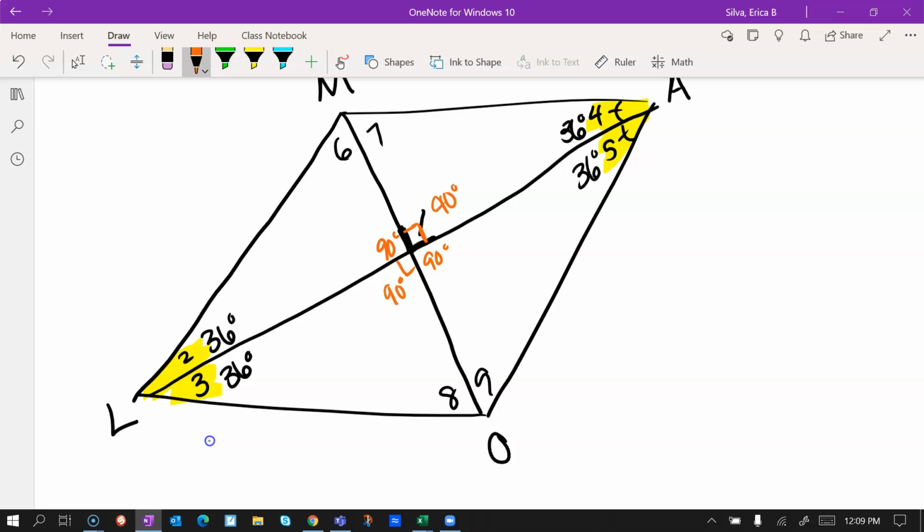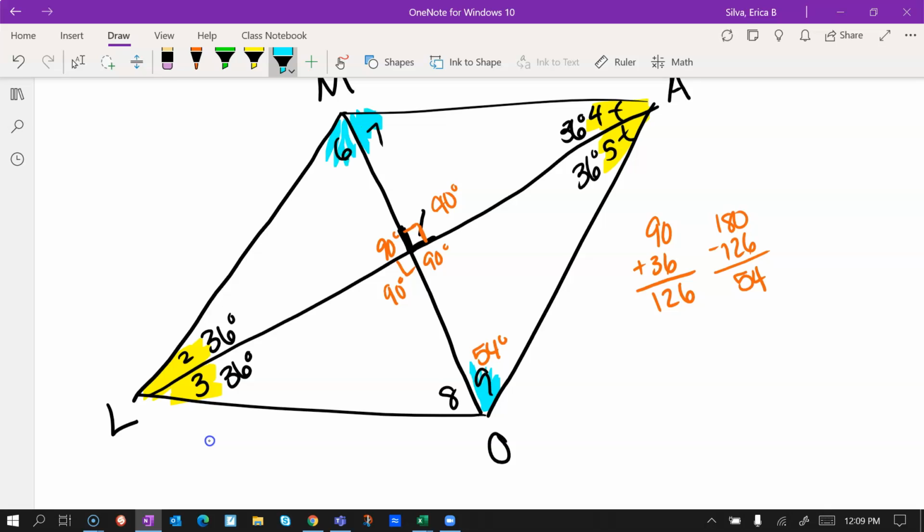Right, we can add the 2 angles that we know, 90 plus 36, that's 126, and then subtract it from 180, and we get 54 degrees. All right, so now that we know that's 54 degrees, what else can we find out?